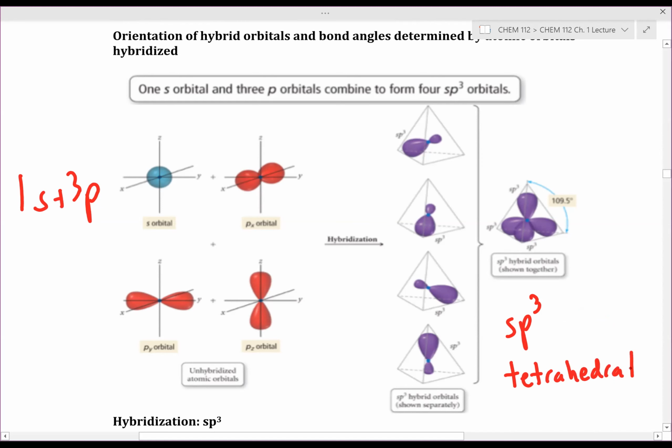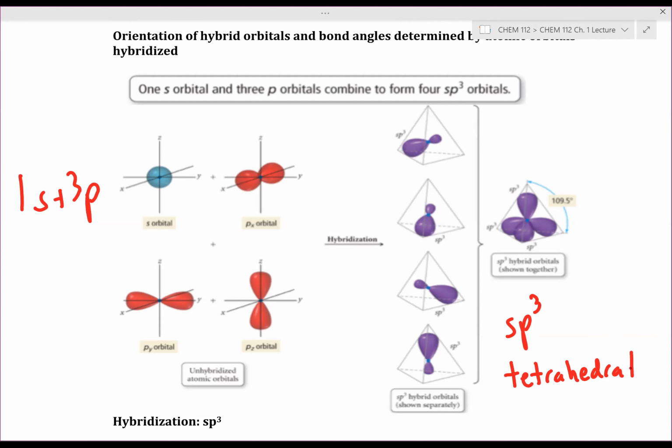So there's a direct relationship between the hybridization and the overall molecular shape, how bonds are arranged. And to help you see this, does everyone notice when we put these four sp3 orbitals together in 3D space, we get a tetrahedral shape? So there's a relationship between hybridization and molecular geometry.